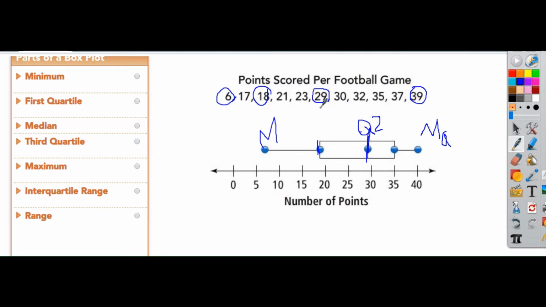So everything that's considered the upper half is 30, 32, 35, 37, and 39. So you're going to cross off, cross off, and then quartile 3 is going to be this 35 right here. So we can find the range of the data set, which is 39 minus 6, to get 33.